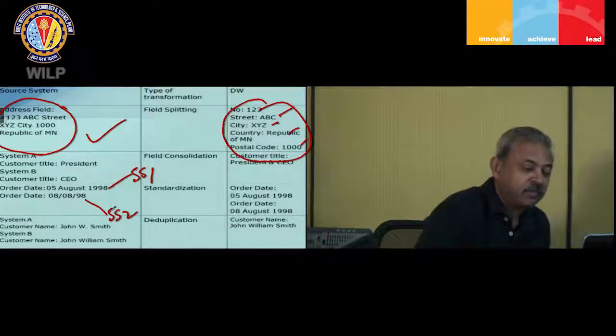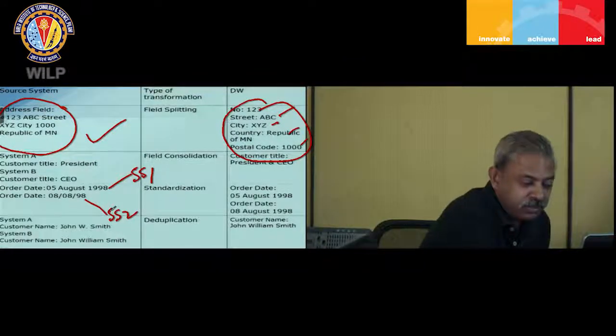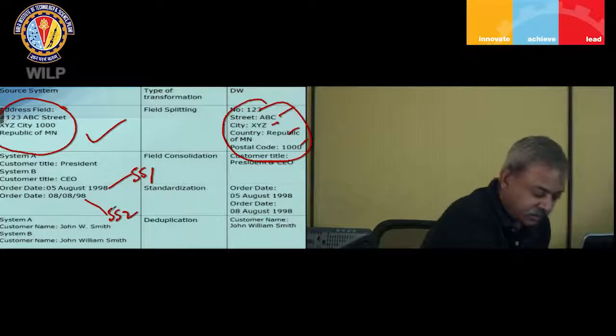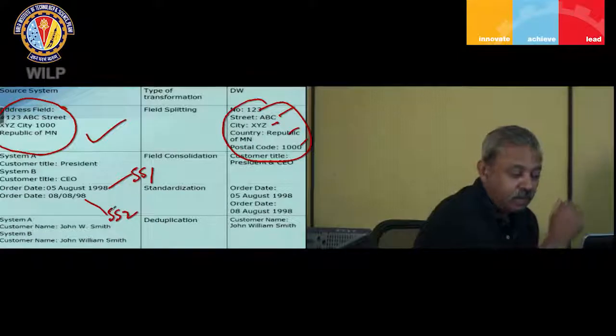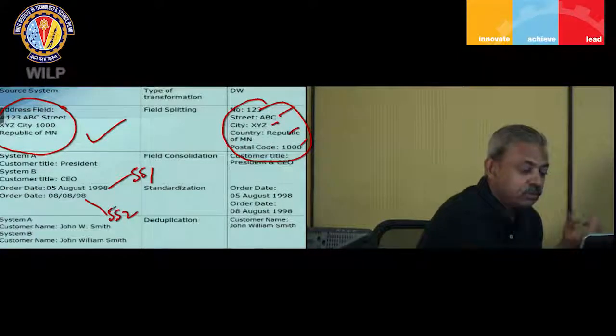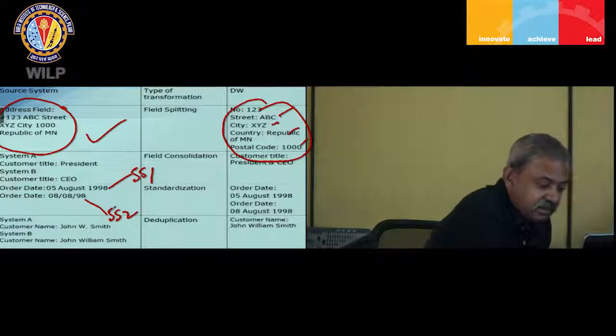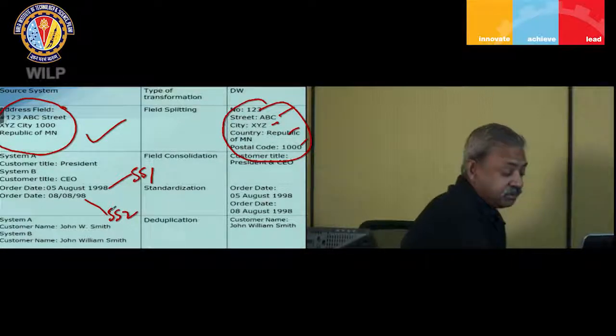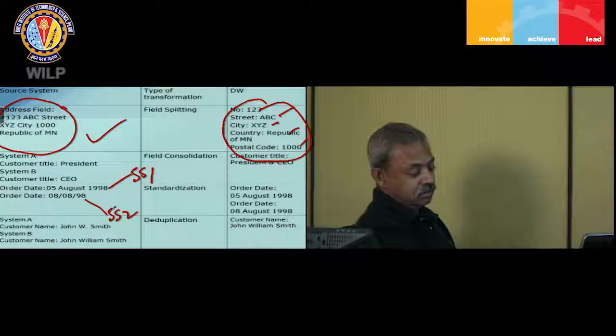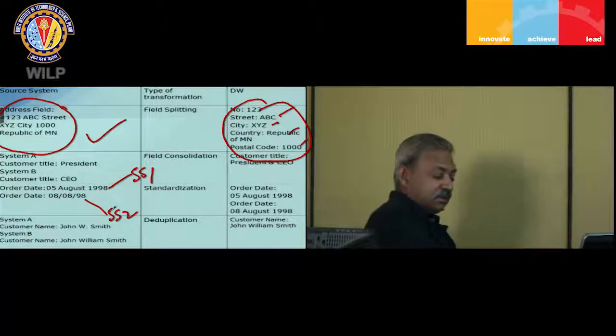And then finally we have duplicate customer records or product records or anything. Anything can appear more than once in a database in an unplanned way. You have not planned it that way. So if you see this, system A says the customer name is John W. Smith and system B says John William Smith, right? It appears that these two customers are the same.